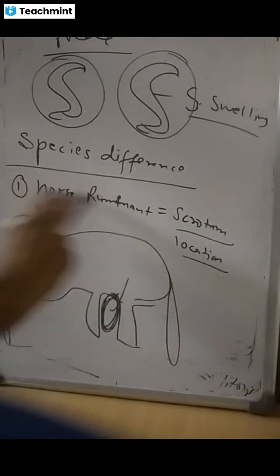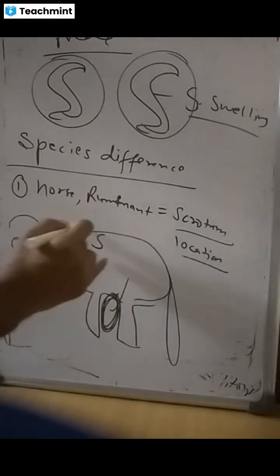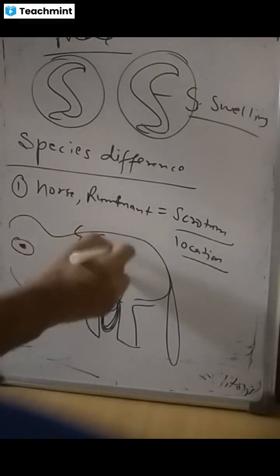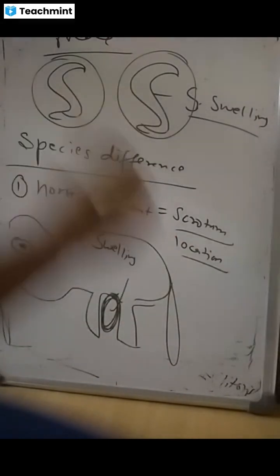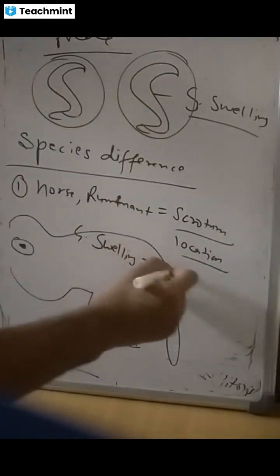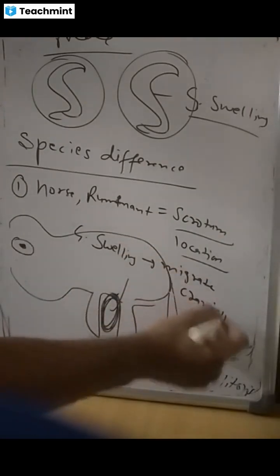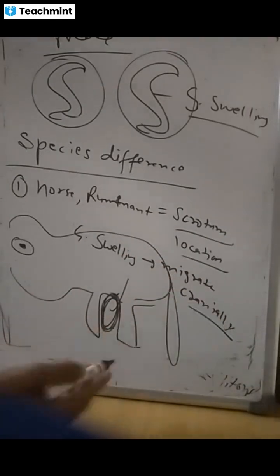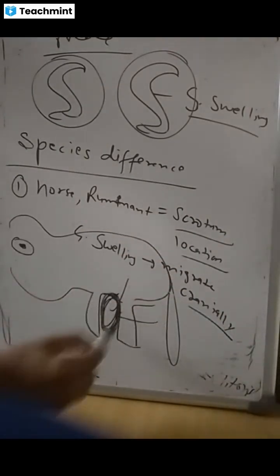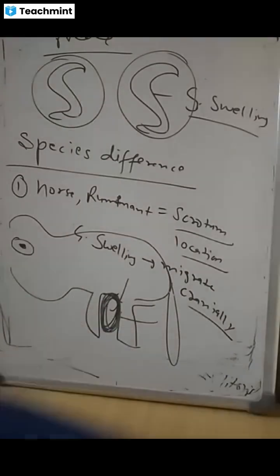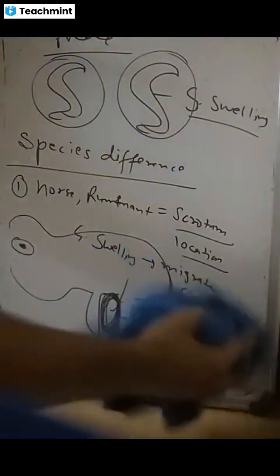So in case of horse, the genital swellings migrate cranially so that the scrotum will be in the inguinal region. The scrotum is located in the inguinal region.